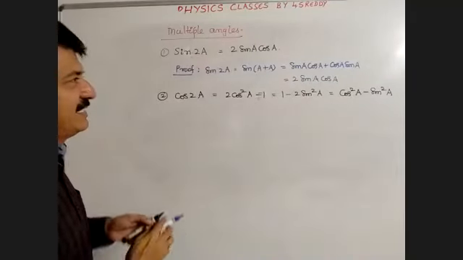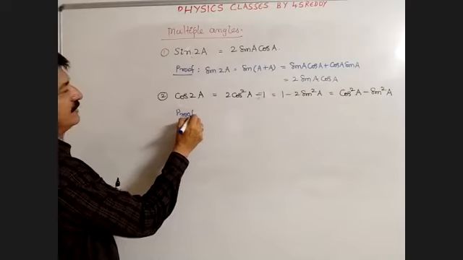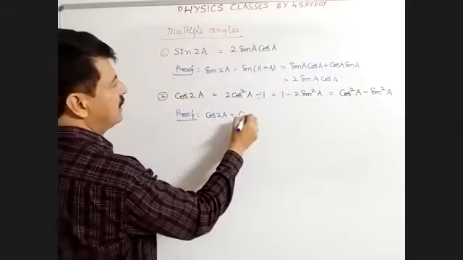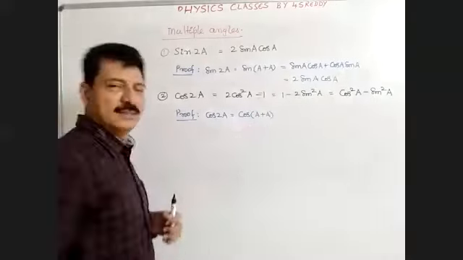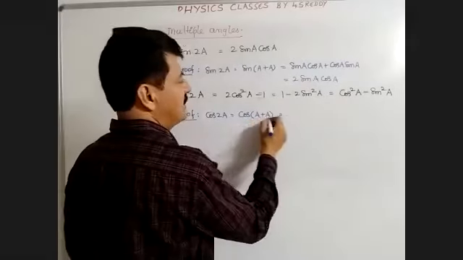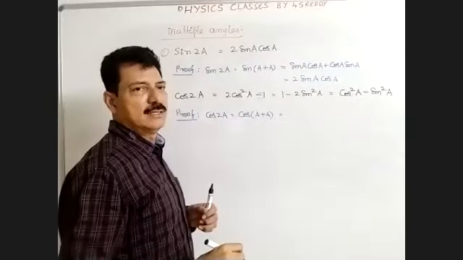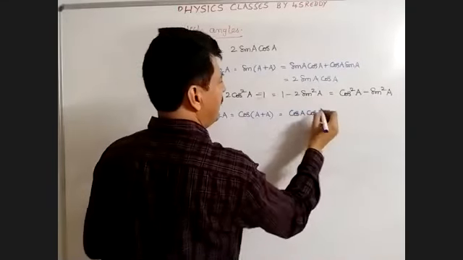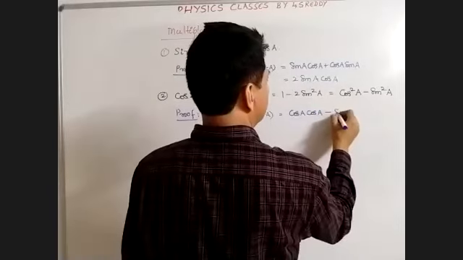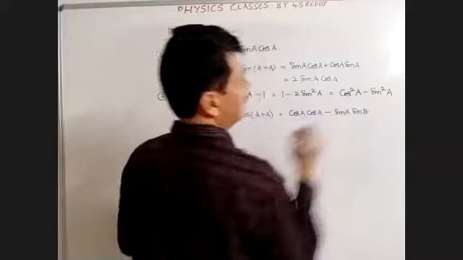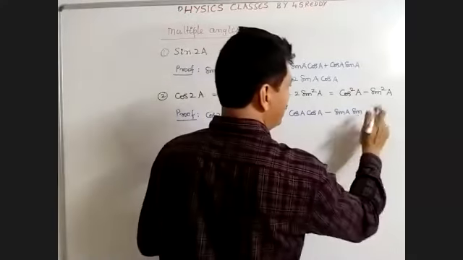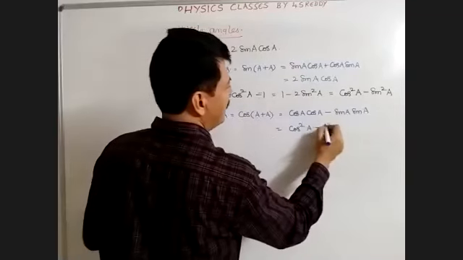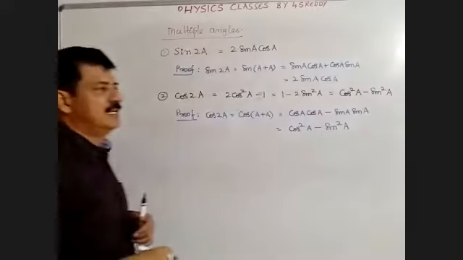Good. This also I can prove like this. If I take cos 2A, it is nothing but cos of A plus A. Using the cos A plus B form, cos A cos B minus sin A sin B, where B is also A. Therefore, it is cos square A minus sin square A. That is one formula.